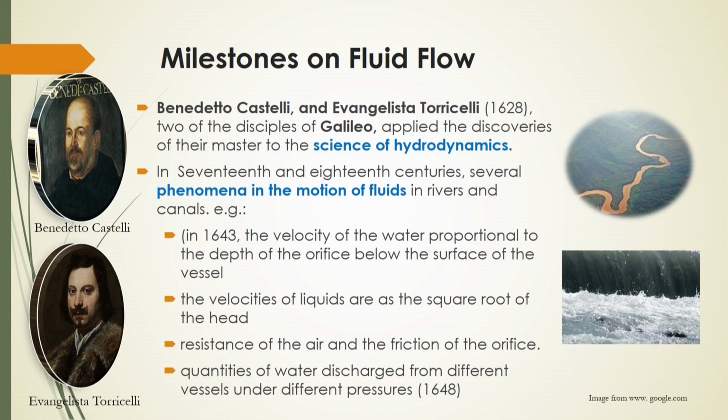Based on their observation, in 1643, they proposed that the velocity of the water is proportional to the depth of the orifice below the surface of the vessel, and that the velocity of the flowing liquid is the square root of the head of the fluid flow.